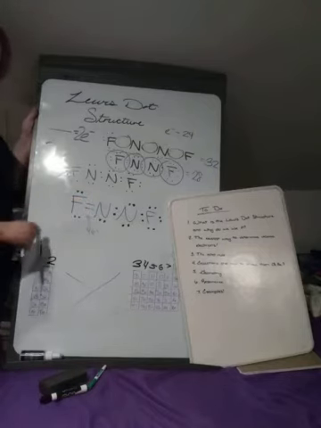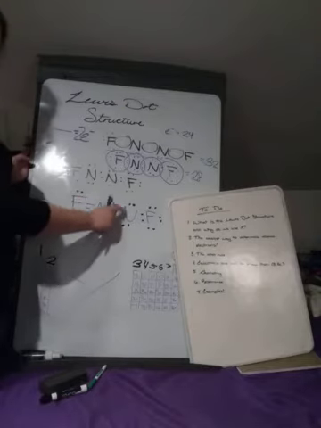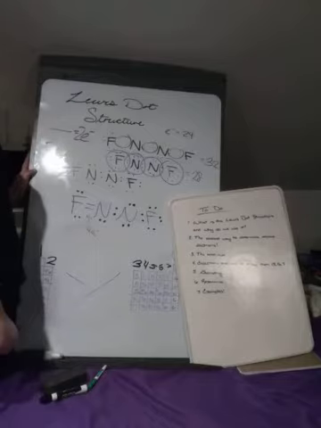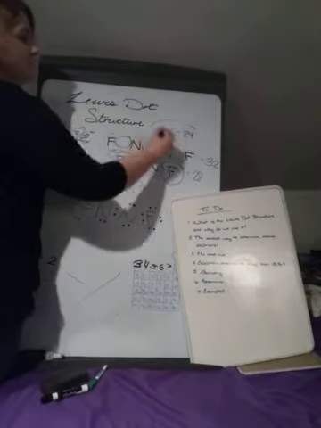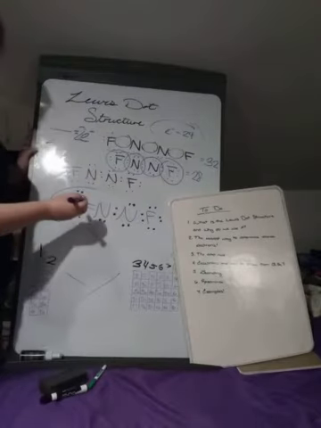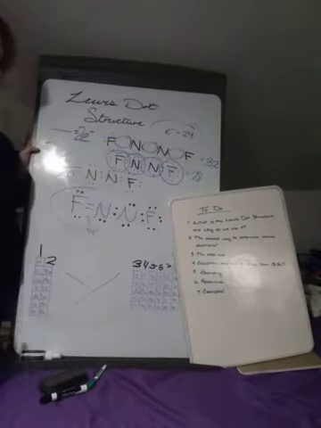Now let's count it out. So we have 2, 4, 6, 8, 10, 12, 14, 16, 18, 20, 22, 24. So this matches. We have 1 double bond, and this matches.